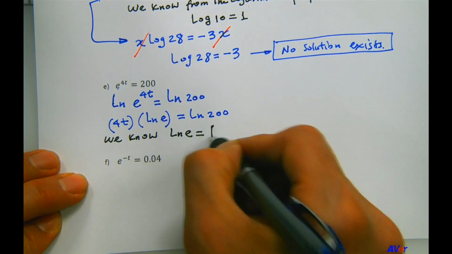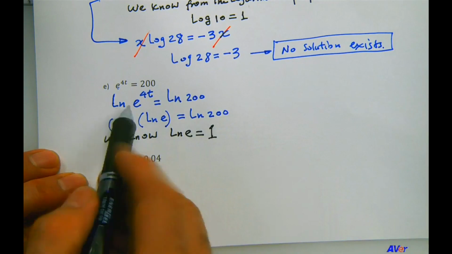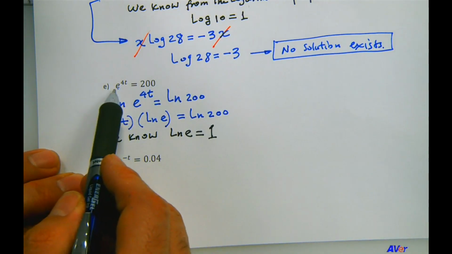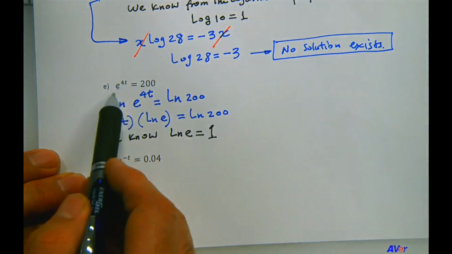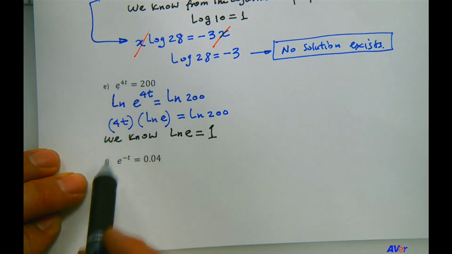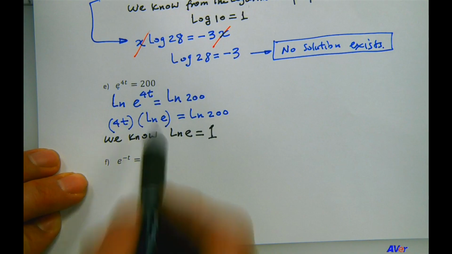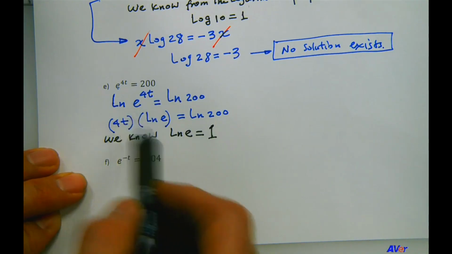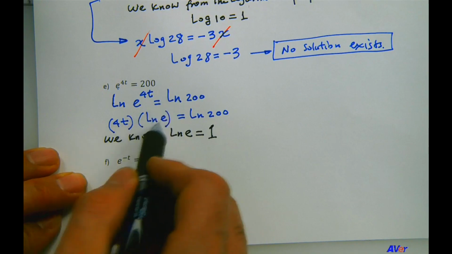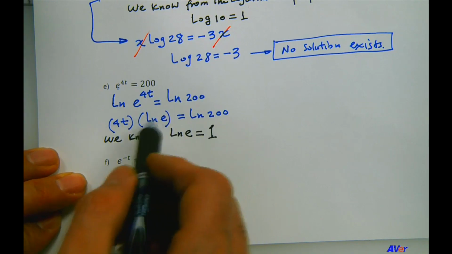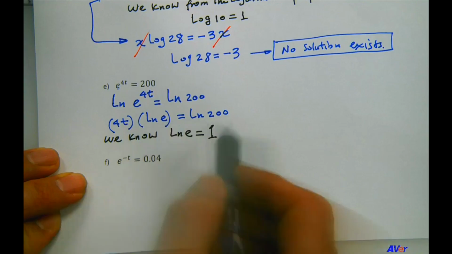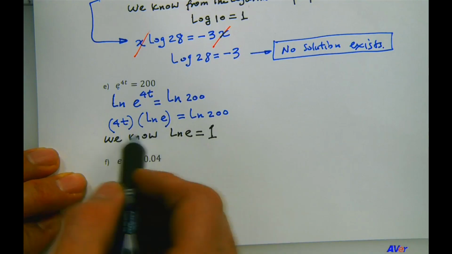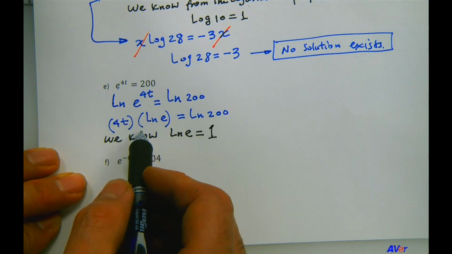1. That's why it's simpler if whenever we have a base of e in an exponential function, we take the natural log of both sides, not the log. If you take the log, it's not incorrect, it's still correct, but you're going to have to use your calculator, and log of e, you're going to end up with some other number that is not equal to 1.